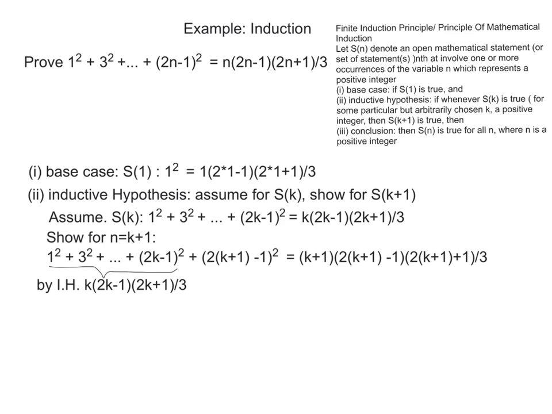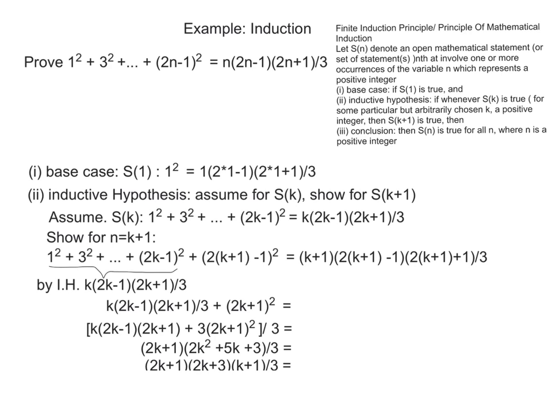So by the inductive hypothesis, which I abbreviated as IH, this is equal to k(2k minus 1)(2k plus 1) divided by 3. So here I plug in my inductive hypothesis for my first k terms. I bring down my k plus 1 term, and I also simplified it some.